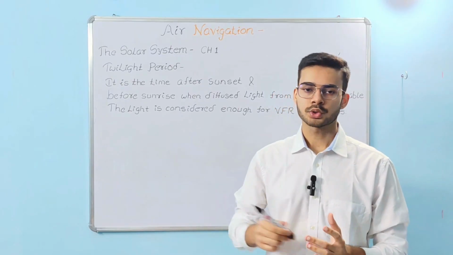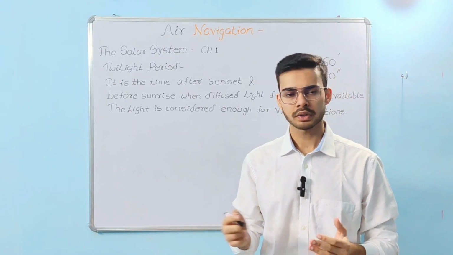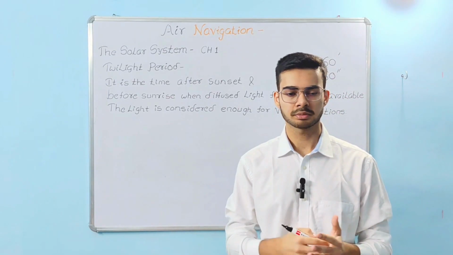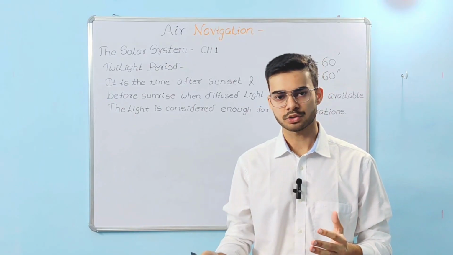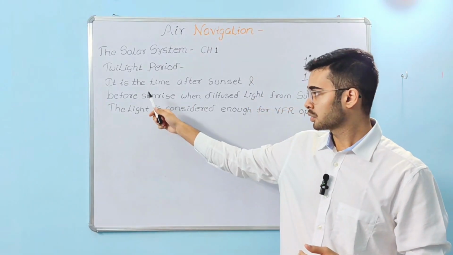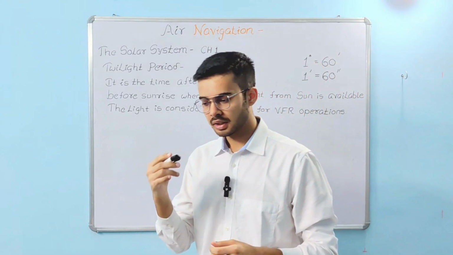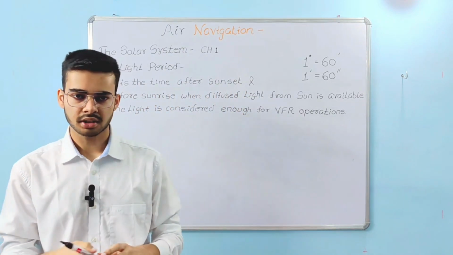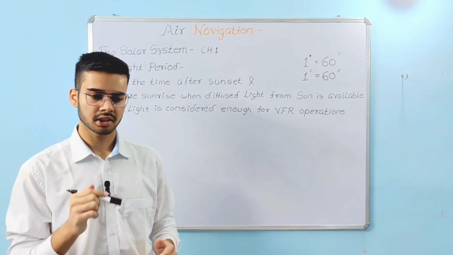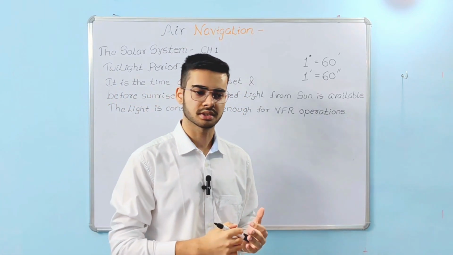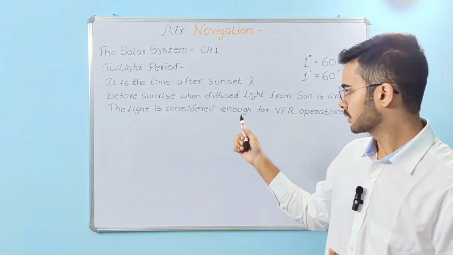Now, if there was not enough light, what would we see? There will be nothing visible. Then how would we navigate visually? That's why the twilight period is the ending time of VFR operations. After the twilight period, we can never carry out VFR operations. So this is the first point.